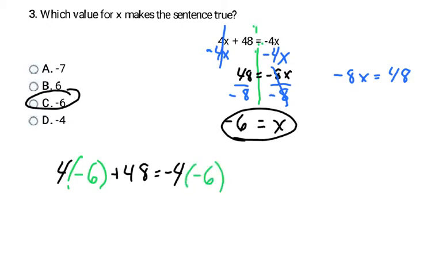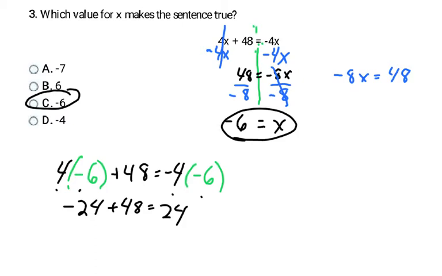And then I'm just going to work through order of operations. I don't have parentheses or exponents, so I'm going to do multiplication first. 4 times -6 is -24, plus 48 equals -4 times -6 is positive 24.